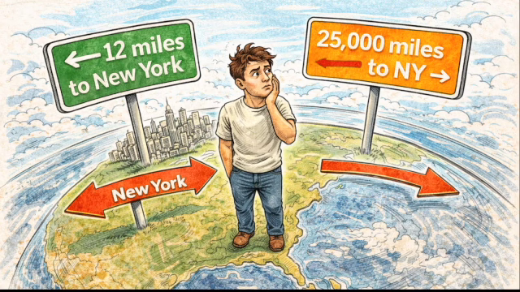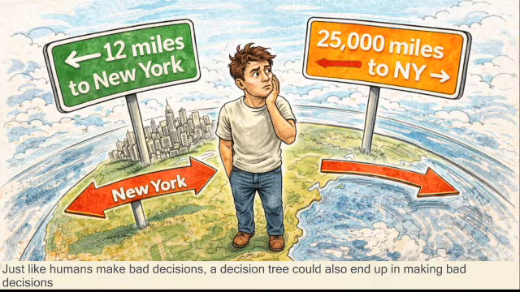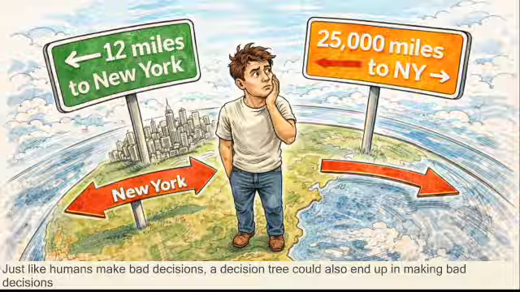Decision trees feel intuitive because they make decisions the way humans do, through a sequence of simple, rule-based choices. But if they're not trained carefully, they can make poor decisions. They're prone to overfitting and can be sensitive to small data changes, which we'll explore in a future video on the bias-variance trade-off in decision trees.